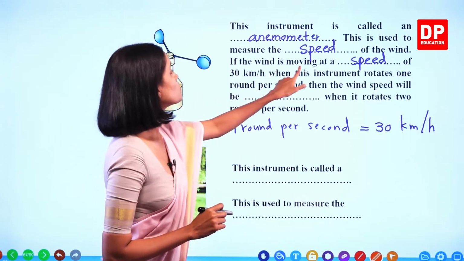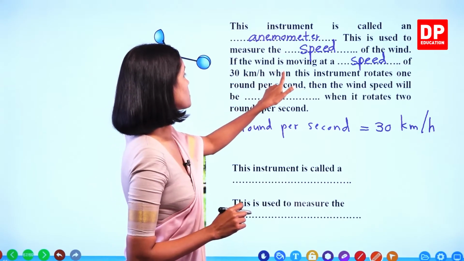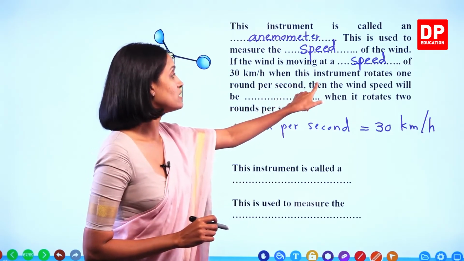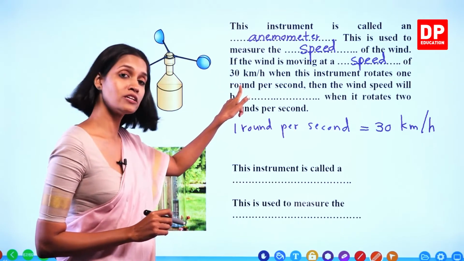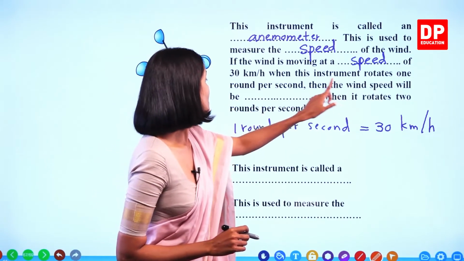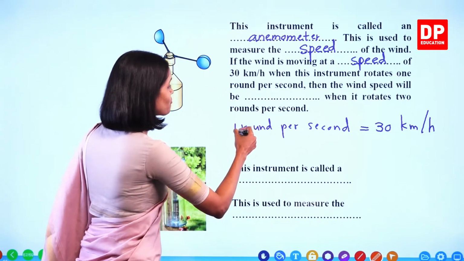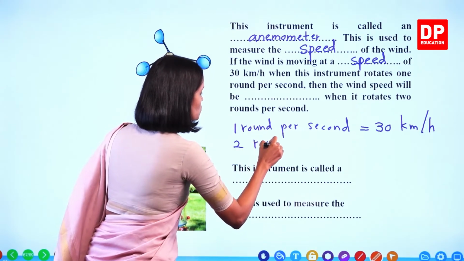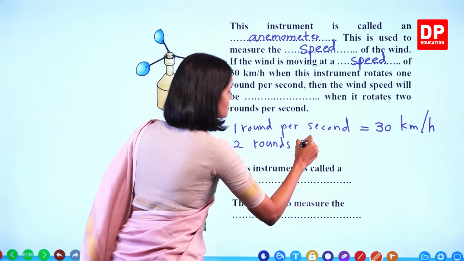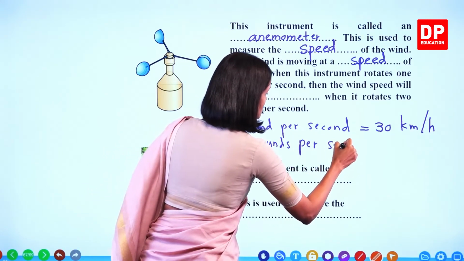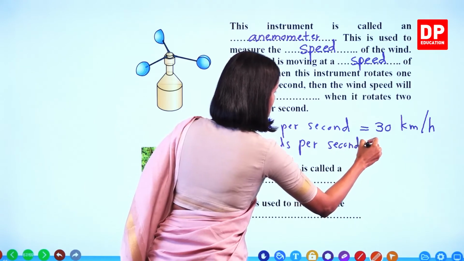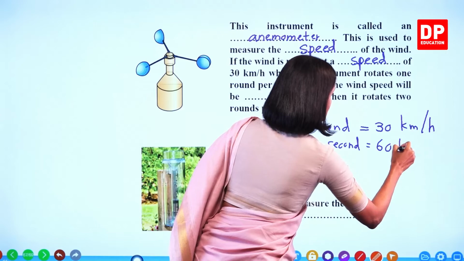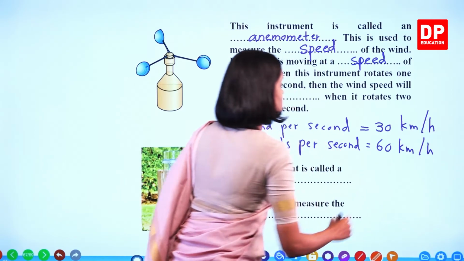So, if the wind is moving at a speed of 30 kilometers per hour, when this instrument rotates 1 round per second, then the wind speed will be, what would be the speed when it rotates 2 rounds per second? So, if 1 round per second equals 30, 2 rounds per second, you have to multiply this by 2. 30 into 2 means 60 kilometers per hour.